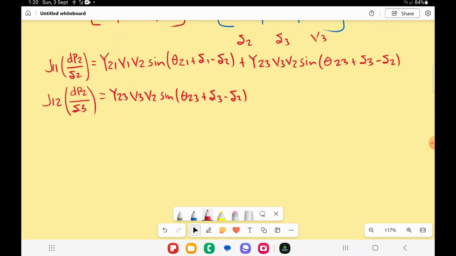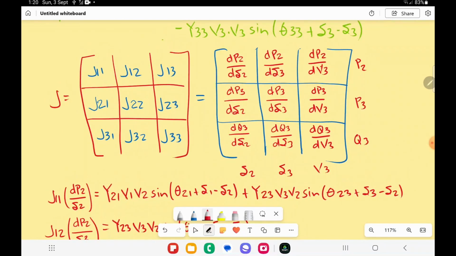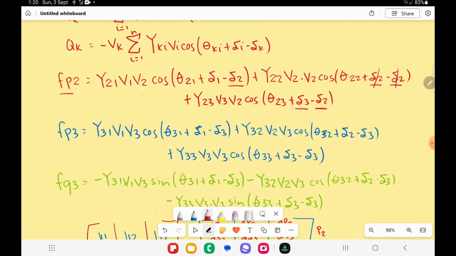So for J13, this is partial derivative of P2 in terms of B3. So we look again for the function P2 in terms of B3. We have now B3 in the first term, we have B3 in the second term, and we have B3 in the third term.